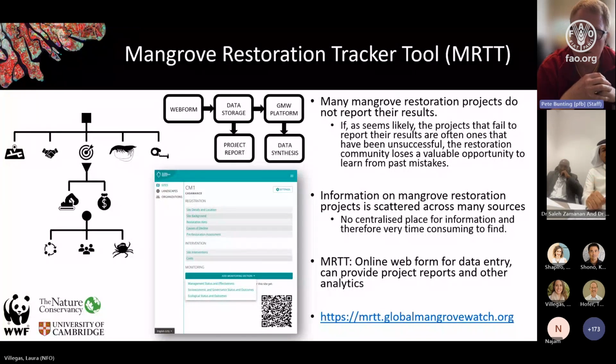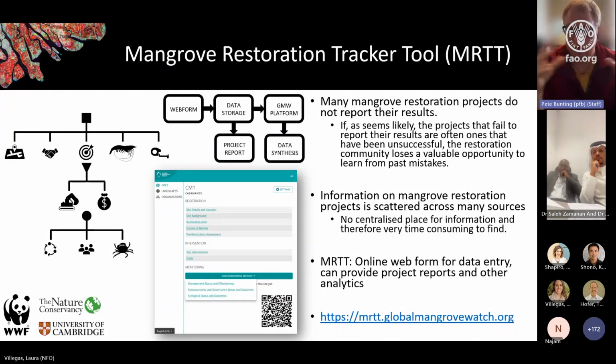As part of this focus on improving the local applicability of the Global Mangrove Watch, rather than just having this global overview, Tom Worthington from the University of Cambridge and others have developed this mangrove restoration tracker tool. This is available through the Global Mangrove Watch platform, where you can record your restoration efforts, how they're progressing, and where they are, and you have control of that data.